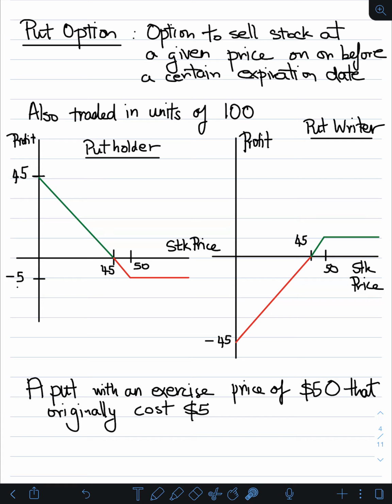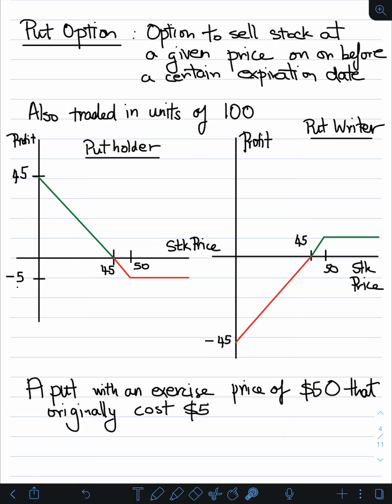Let's say at 40, the put holder is able to sell the stock for 50 even though the stock is trading in the market for 40. So they're making a profit of $10 on the actual exercising of the option, but they already paid $5 to the writer for that right. So in the end, if the stock is selling for 40, they've made a $5 profit by exercising their put option.